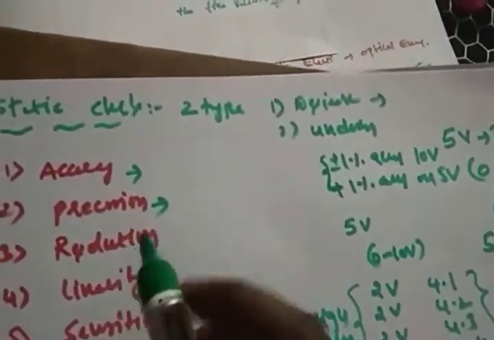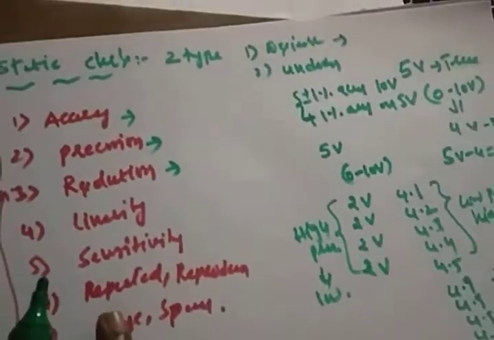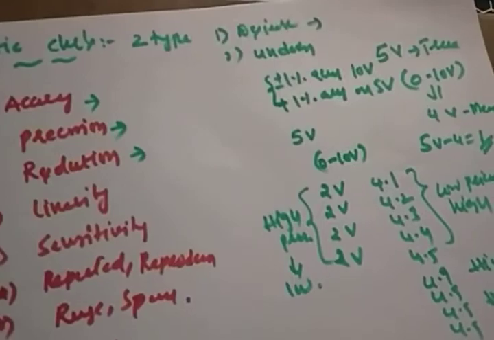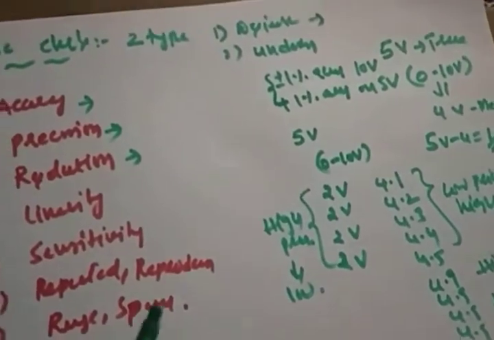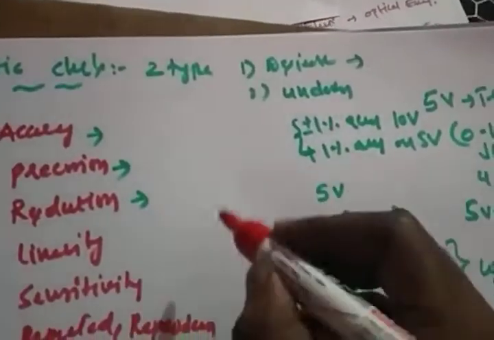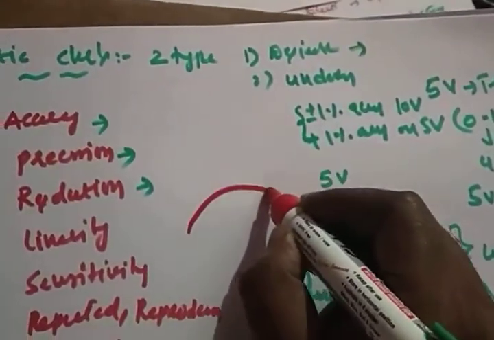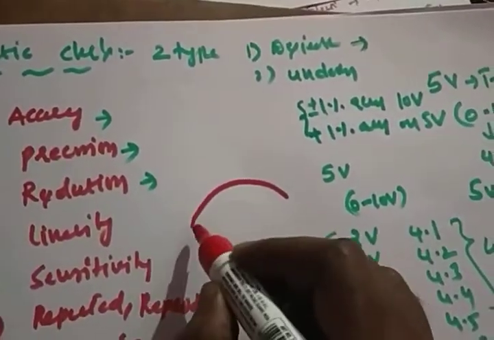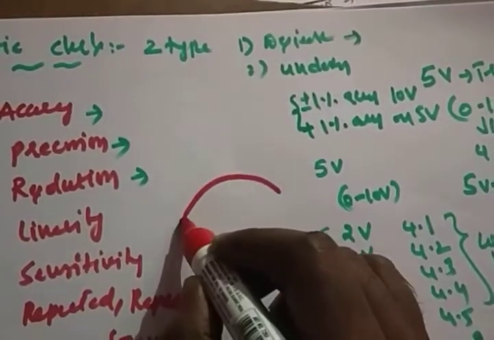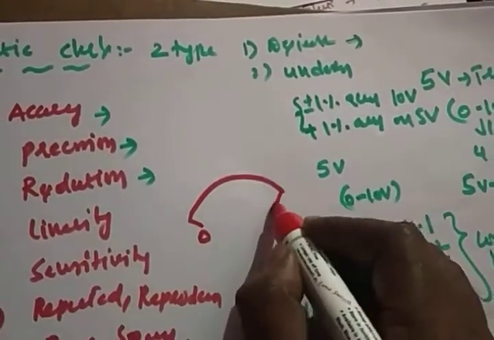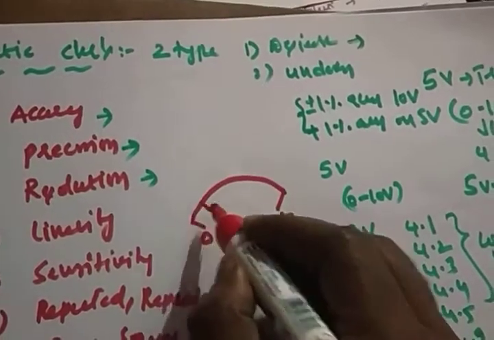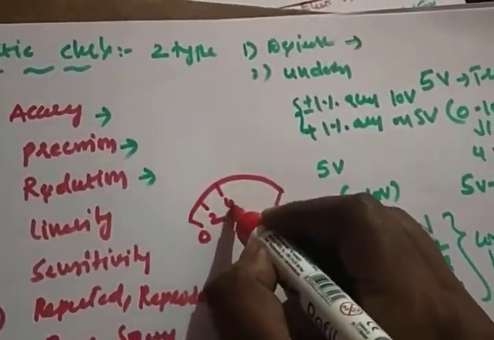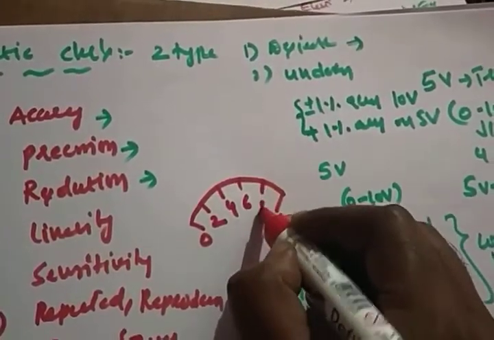Alright. Now we'll discuss what resolution is. Resolution means the smallest change in the instrument that we need to detect. How can you calculate the resolution? Suppose I have a scale like this, with 0, 10, with 2, 4, 6, 8.